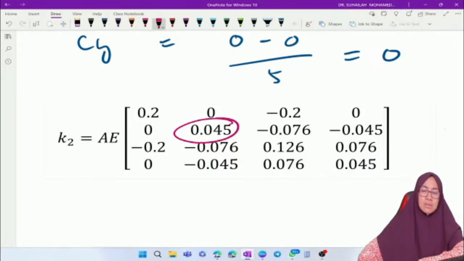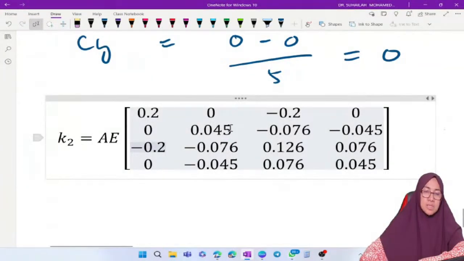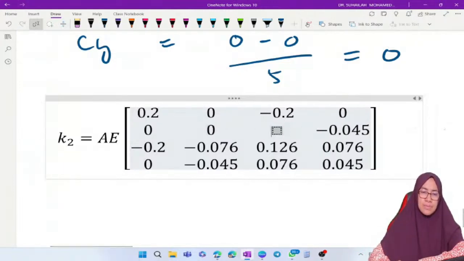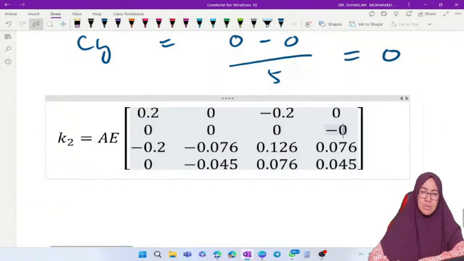Cy squared means 0. So this is 0. This is also 0. This is also 0.